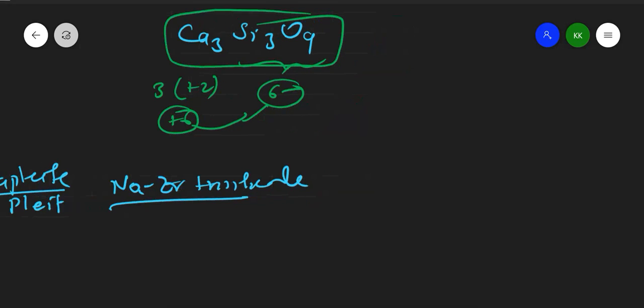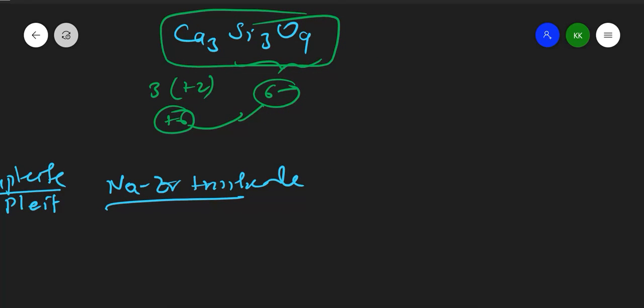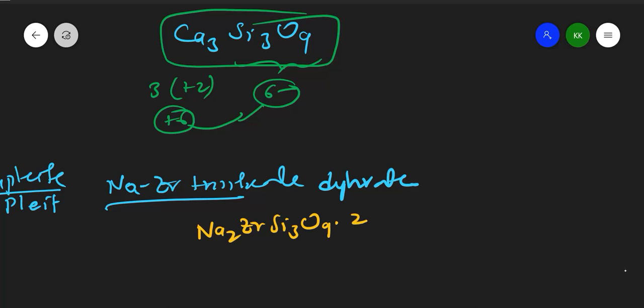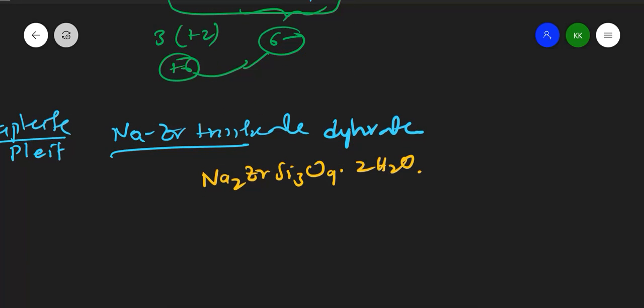And there will be water of hydration, two molecules of it. So sodium zirconium trisilicate hydrate. The formula is Na2ZrSi3O9, two molecules of water, 2H2O. So water of hydration we call it, right? So sodium is there, zirconium is there, and this is trisilicate.